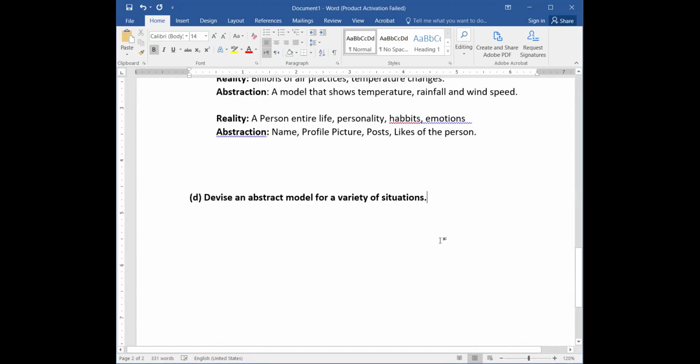Then the fourth part, which is devising an abstract model for a variety of situations. What do you say about this?